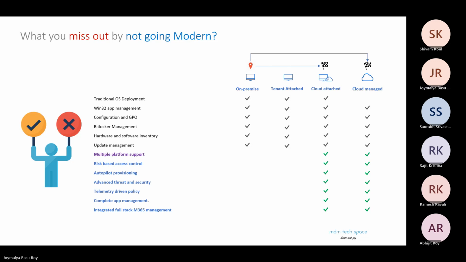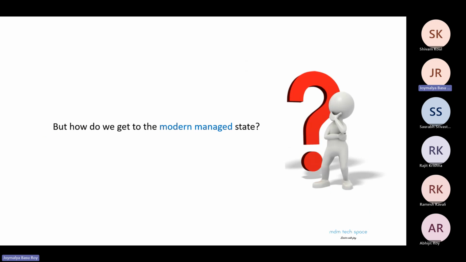यही है. So now say for example we are currently on the on-premises and we need to reach a modern managed state, either like a co-managed or a cloud managed. How will we do that?